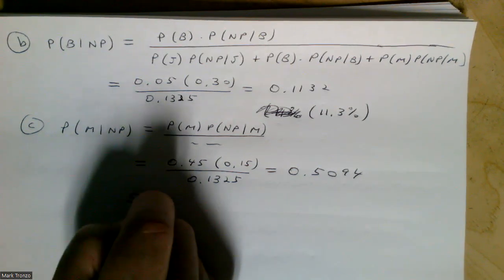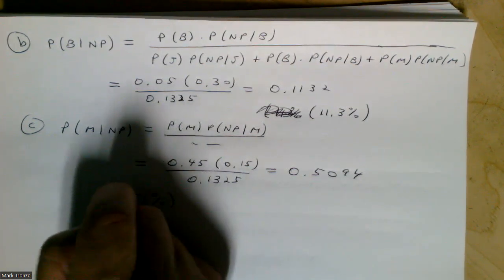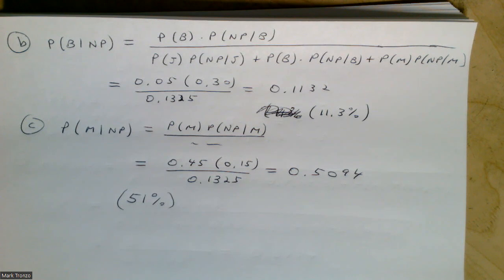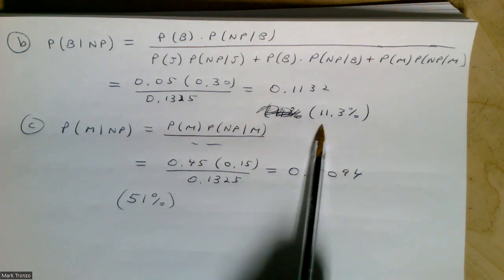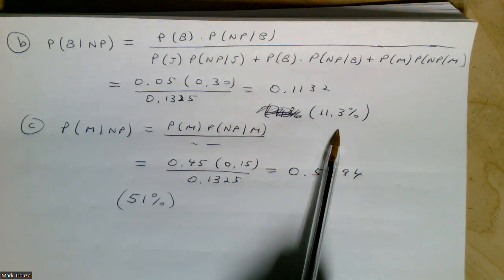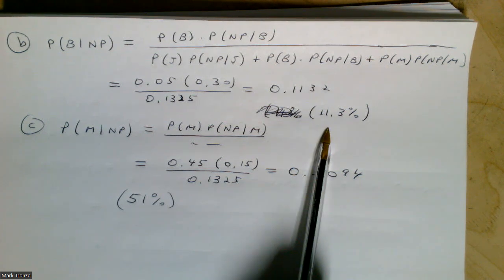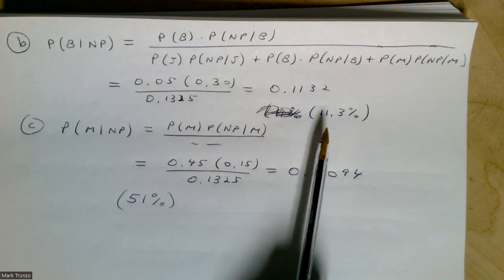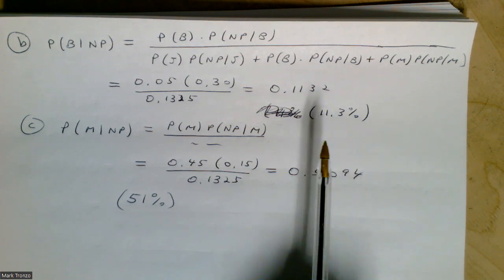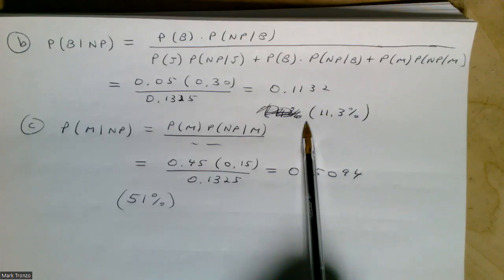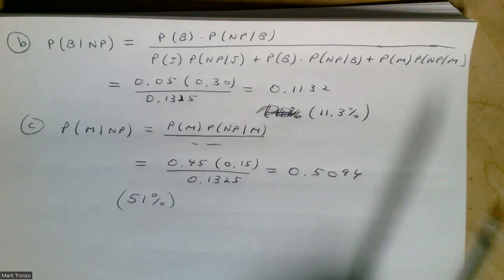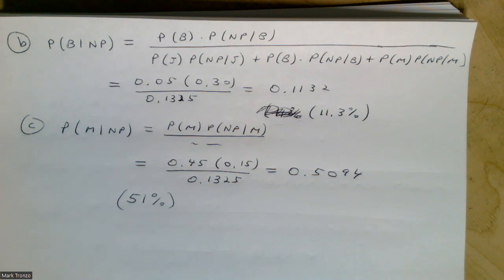So 51% chance it came from Martin's farm. But again, the apples that had harmful bacteria were the apples from Benson's farm. And so that unpasteurized bottle that you had, there's an 11.3% chance that it contained apples from Benson's farm.